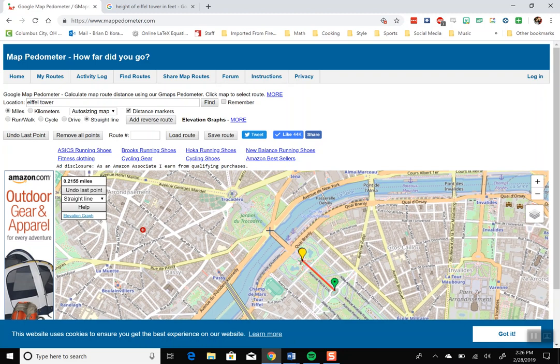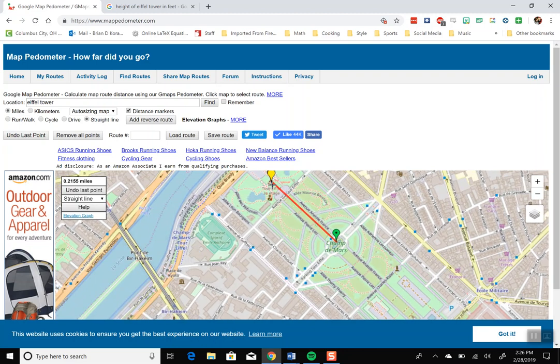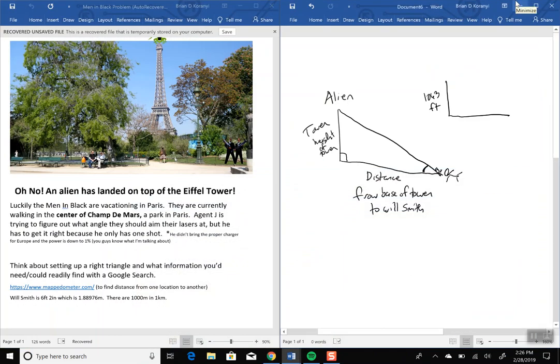All right, so that looks like a pretty good straight line from the center of the park, give or take, Champ de Mars, to the Eiffel Tower. And it tells me that that is a distance of 0.2155 miles. So 0.2155 miles.